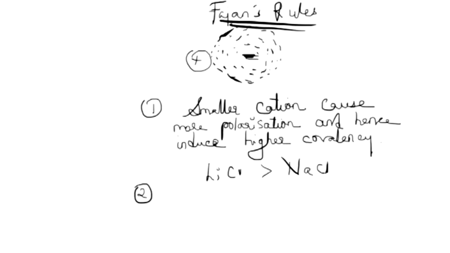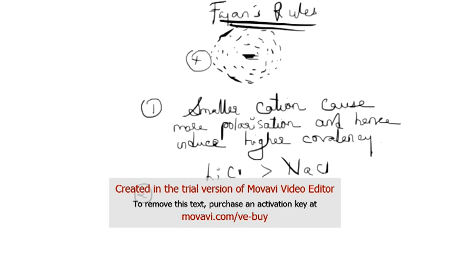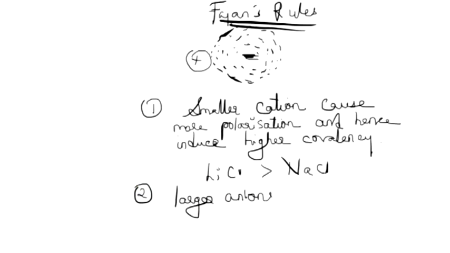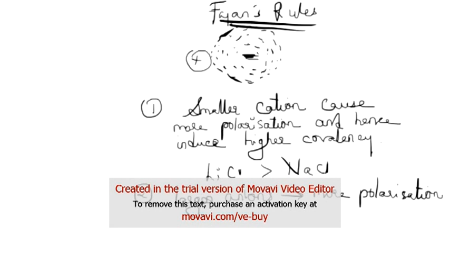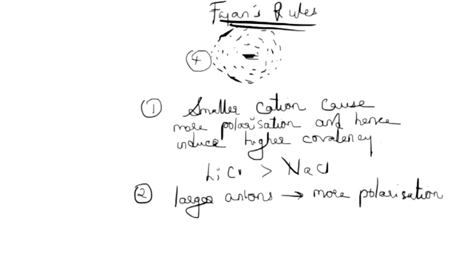The second rule says that just as cations have to be as small as possible for higher polarization, we can say that larger anions undergo more polarization. You know that larger anions have a huge electron cloud, and therefore they undergo higher polarization, because of which there would be more covalency induced in a molecule.